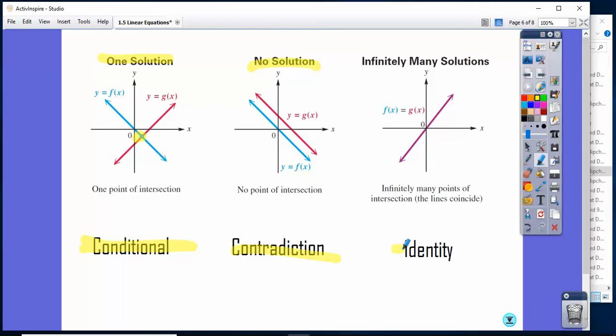The third possibility is an identity. That has infinite solutions. And that happens in the case where both equations are the same line. So I would write down, at the very least, conditional, one solution, contradiction, no solution, identity, infinite solutions.